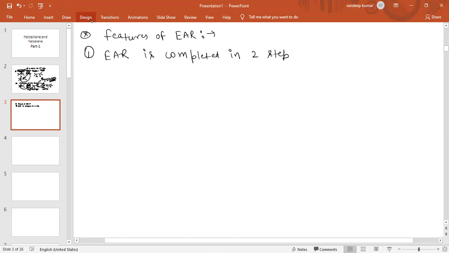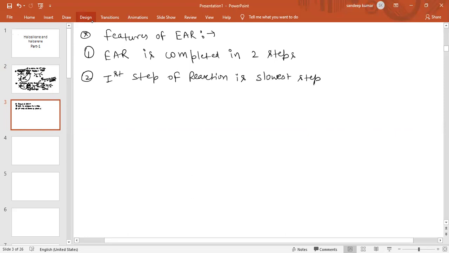One is the slowest step and one is the fastest step. So this is a two-step reaction. Again we can write, the first step of the reaction is the slowest step.